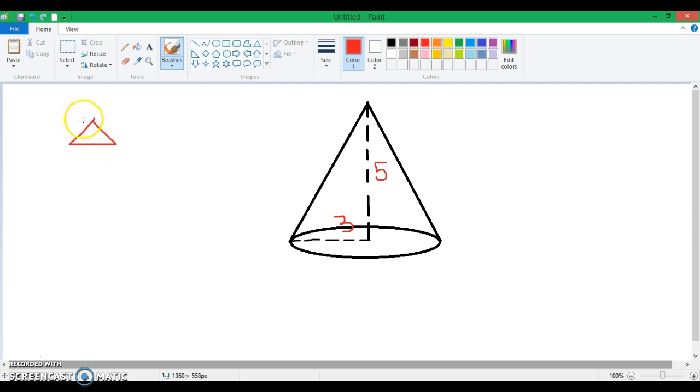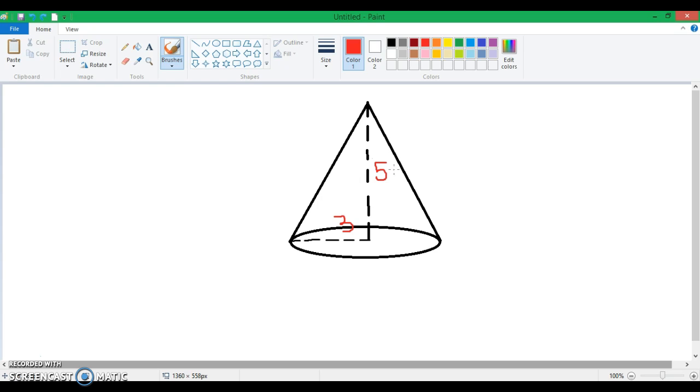You are supposed to divide the area by half to get the area of the triangle. So that's what they do here, but that is not the case. Because this is 3D, we must divide by 3 instead of 2.